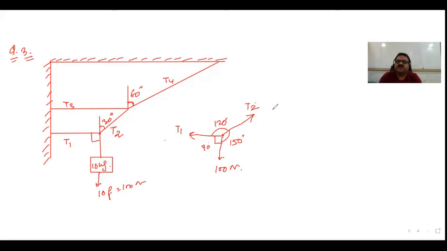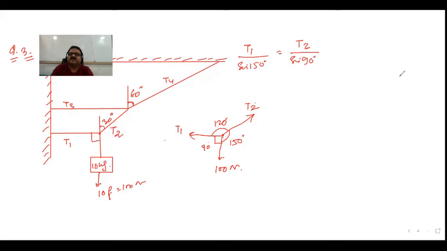Applying Lami's theorem again: T1 by sine of the opposite angle, that is sine of 150, T2 by sine of the opposite angle, sine 90, and lastly T3, that is 100 Newton, divided by sine of the opposite angle, sine 120. What is sine 150? Sine of 90 plus 60, that is cos 60, that is T1 by half.